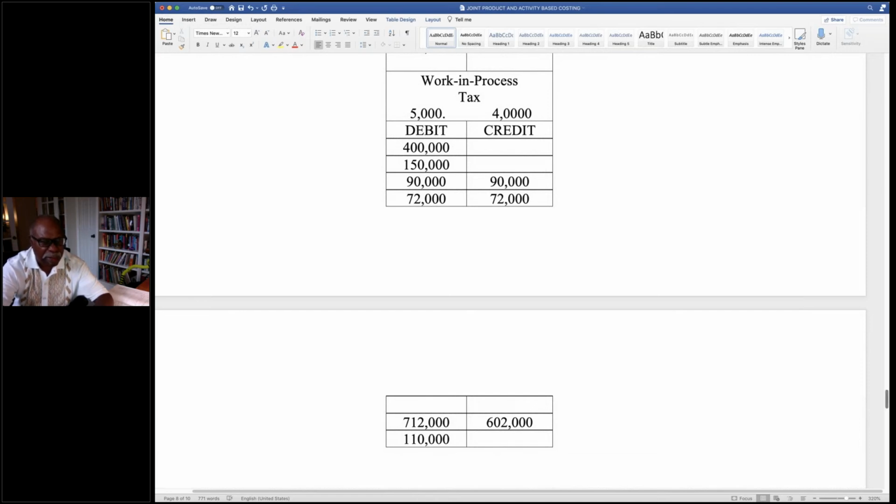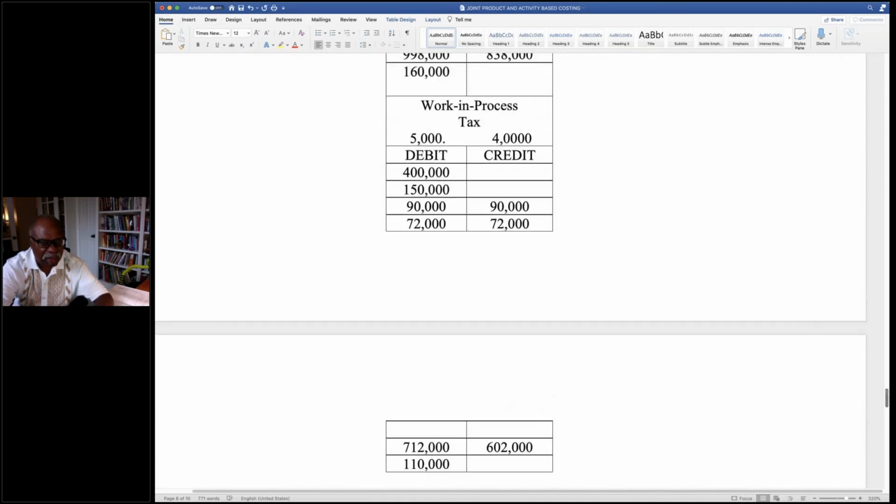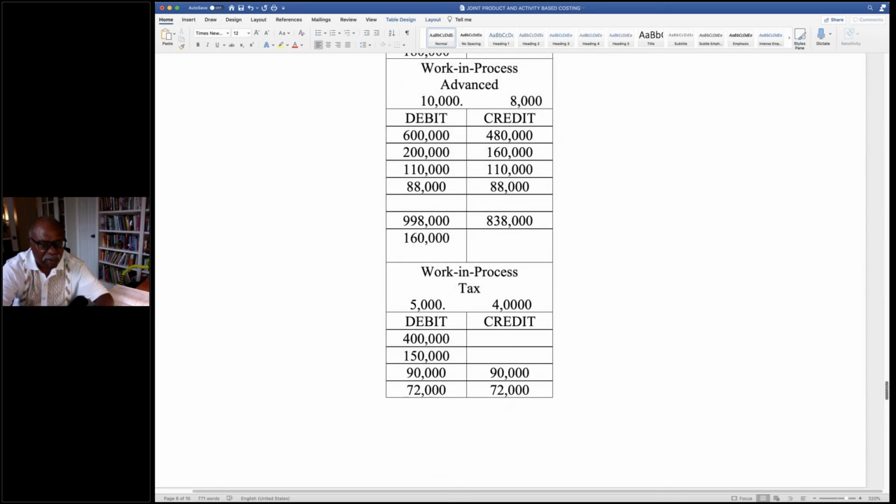Go back up to advanced for a second. You have 160 in advanced, correct? Right. Okay. And then intermediate, you have what, 180? Okay, so go back up.